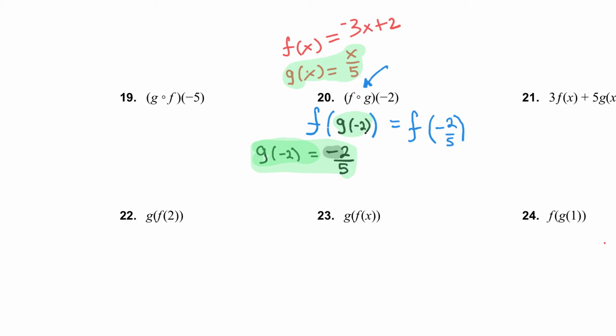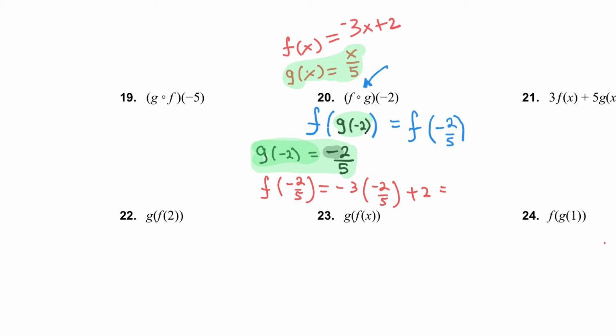So now we are going to use F. So we have function F, and then we're going to input -2/5. And so what do you have? You have -3 times -2/5 plus 2.